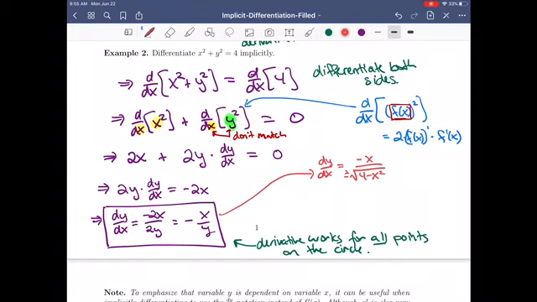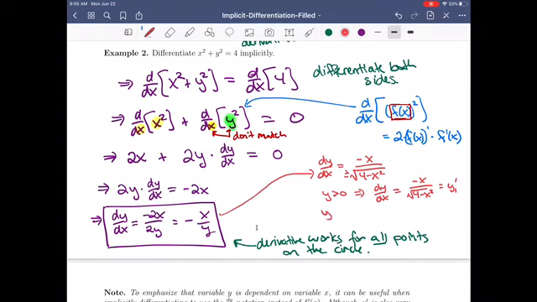When y is positive, we get that dy dx is negative x over the positive square root, and that is equal to y1 prime.